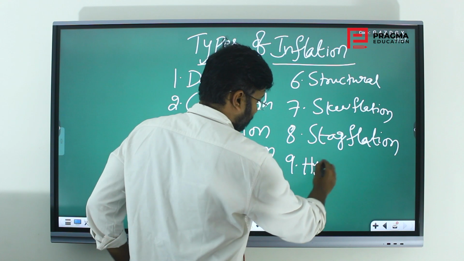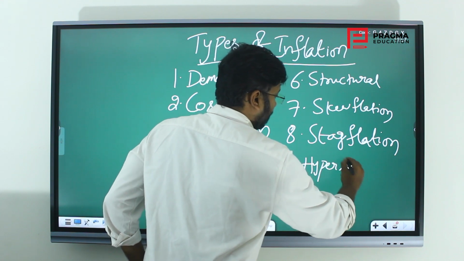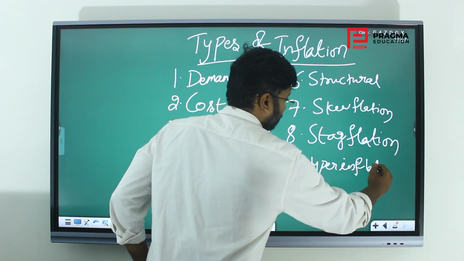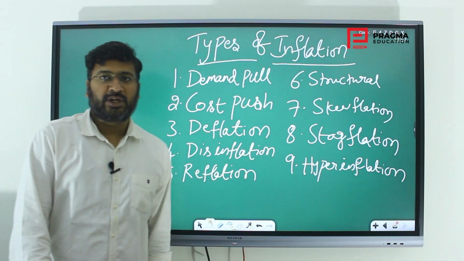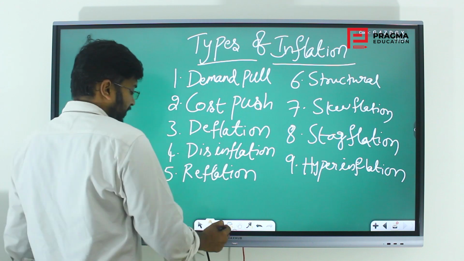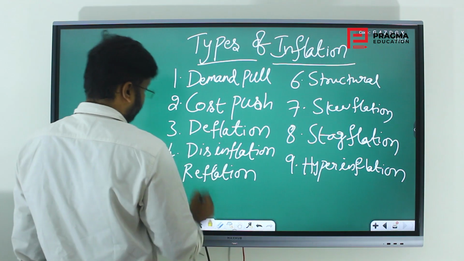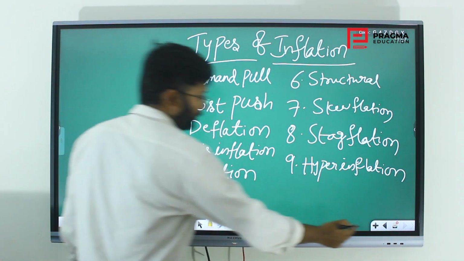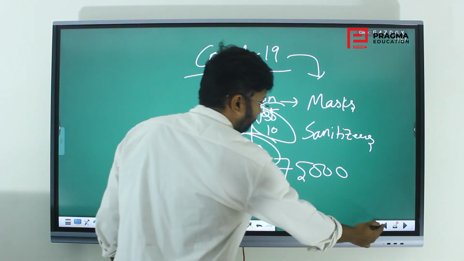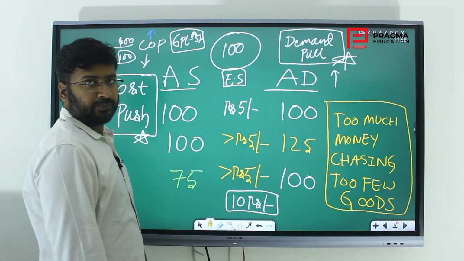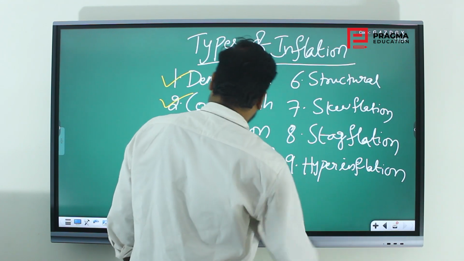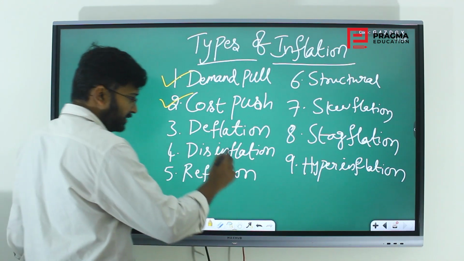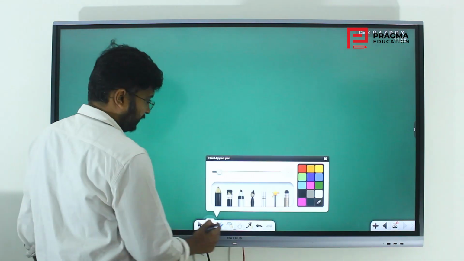And hyperinflation. These are the types of inflation that we will be looking into. We have already covered demand pull and cost push in this concept itself. So we will get into the third type. Which one is that? That is deflation.